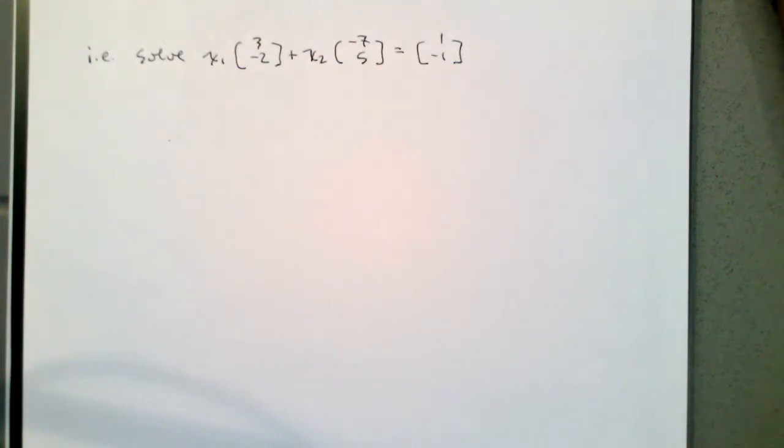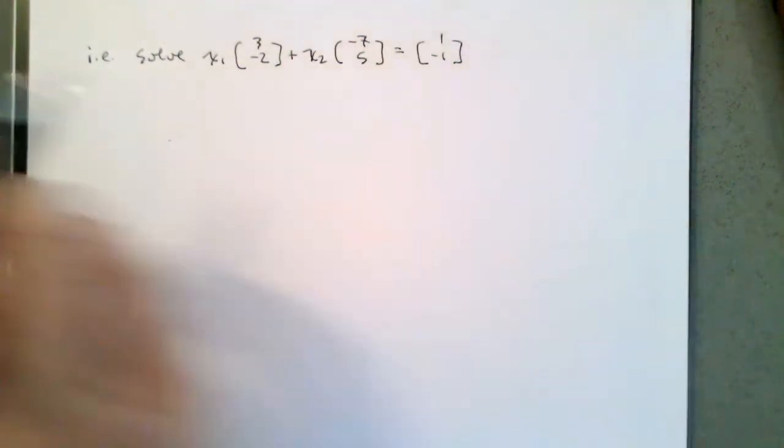That is, we're going to find the reduced echelon form of an augmented matrix.